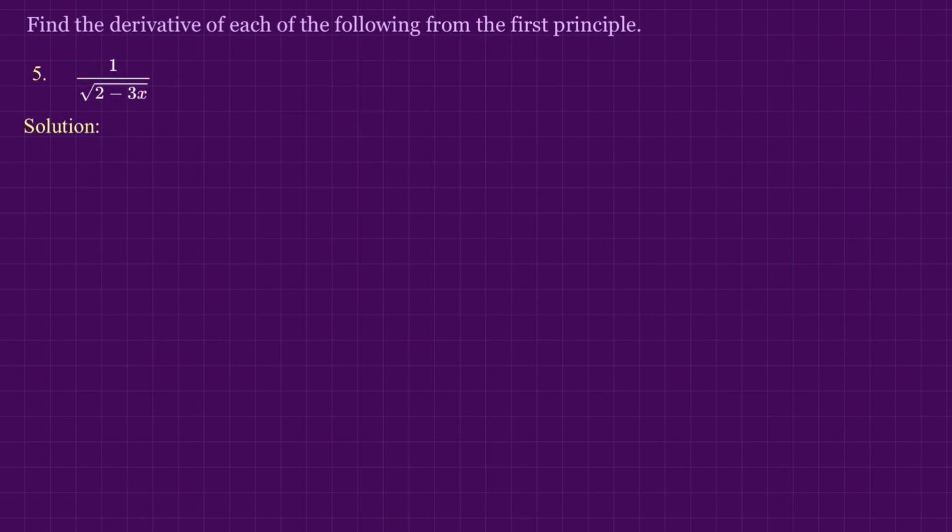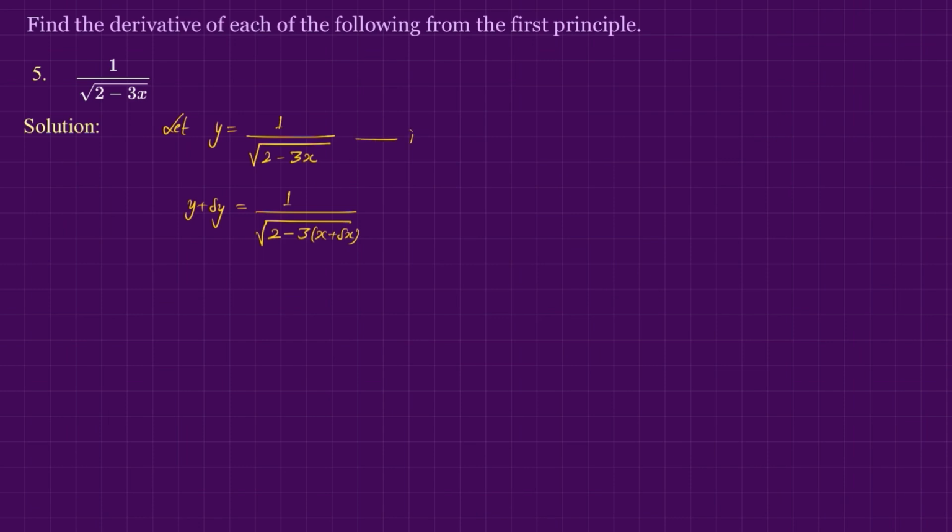Next question 5. Our function is 1 over under root of 2 minus 3x. So let us assume y equals 1 over under root of 2 minus 3x. Therefore, y plus delta y will be equal to 1 by root over 2 minus 3 times x plus delta x.